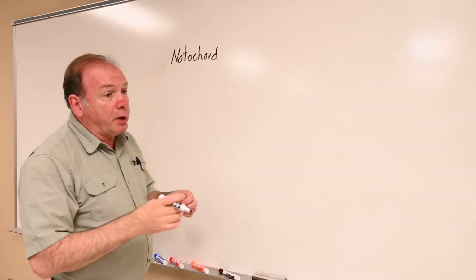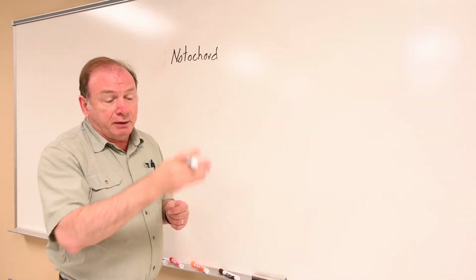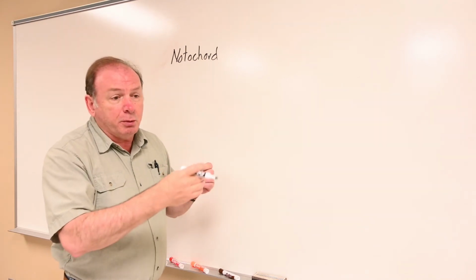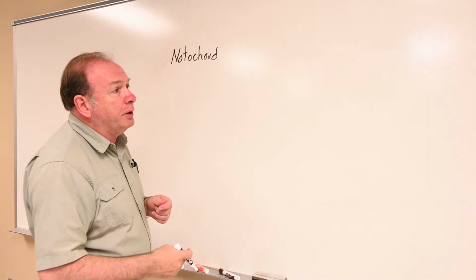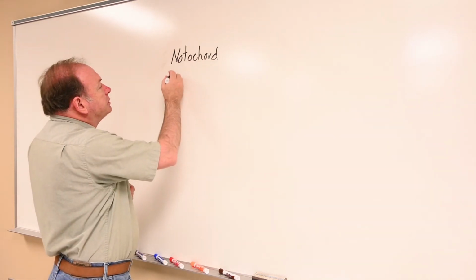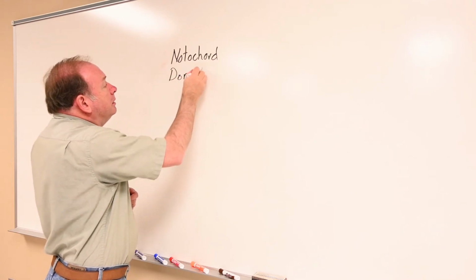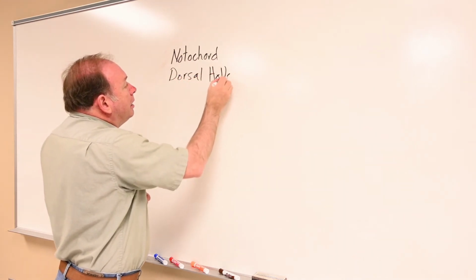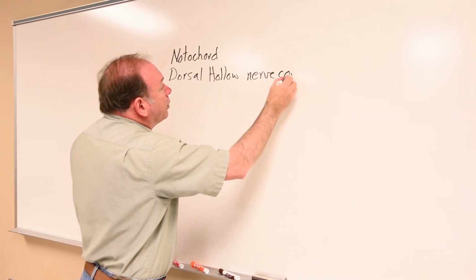There's also a neural tube, the extension of the, well, in humans it's the brain's spinal cord, which extends down from the brain, the nerve tube. We just call it a dorsal hollow nerve cord.